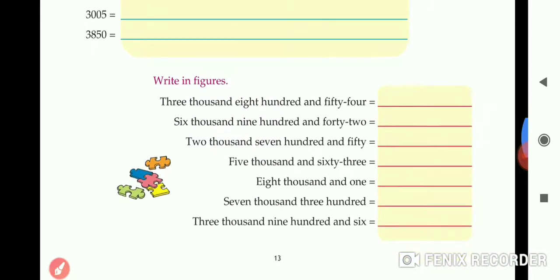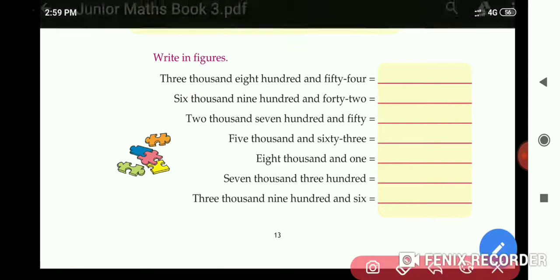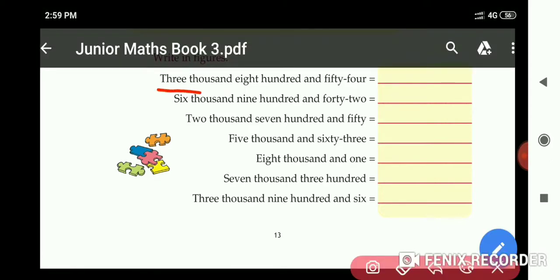Now the next part is write in figures. The first one is 3854. So how will we write it? 3854.